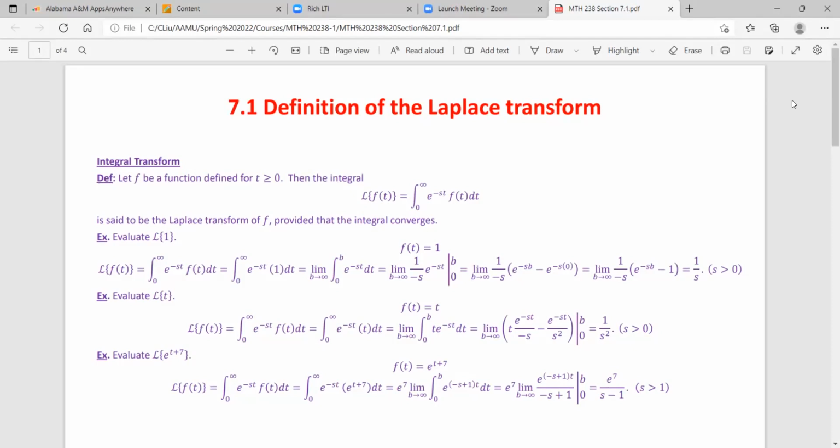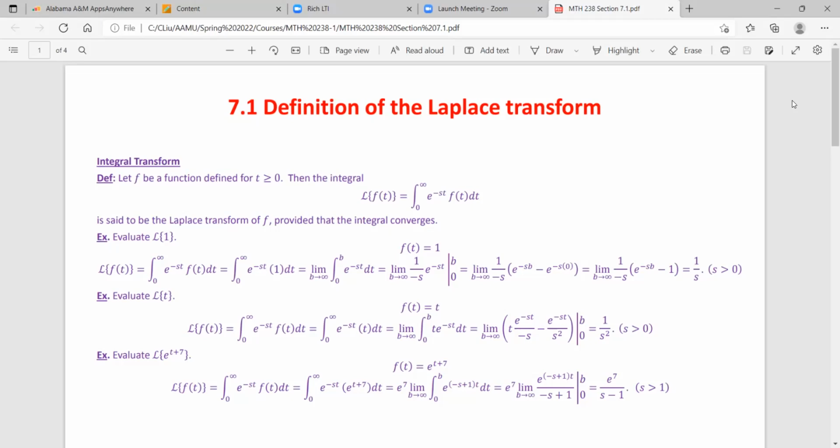Remember, you can break up e to the t plus 7 as e to the t times e to the 7. And when you add the exponents, it means you multiply two exponentials. And then you can factor out t from the remaining exponentials, combine them.